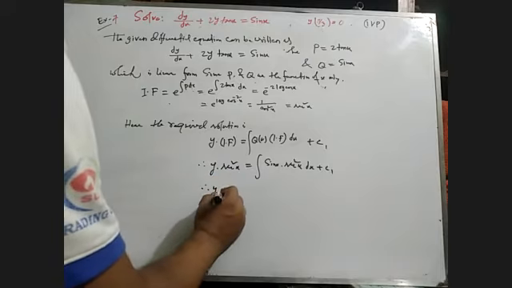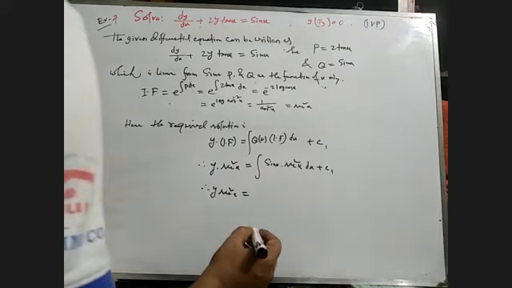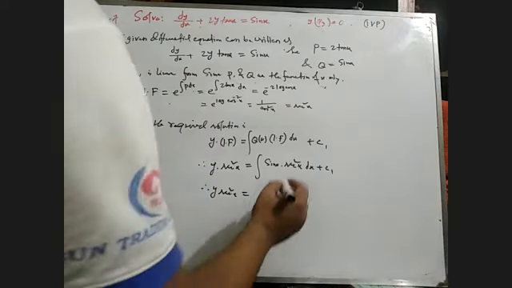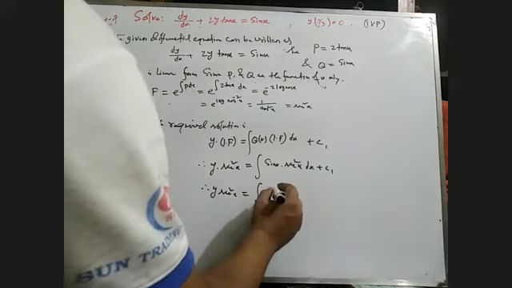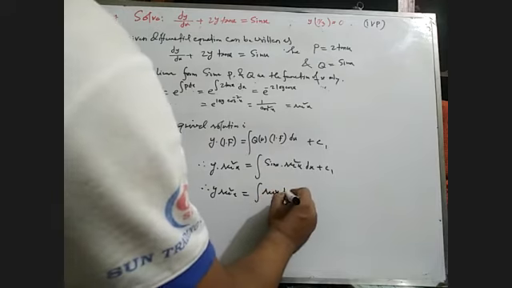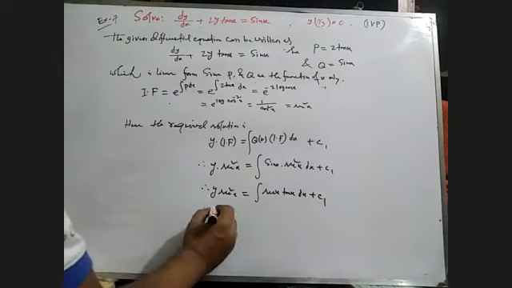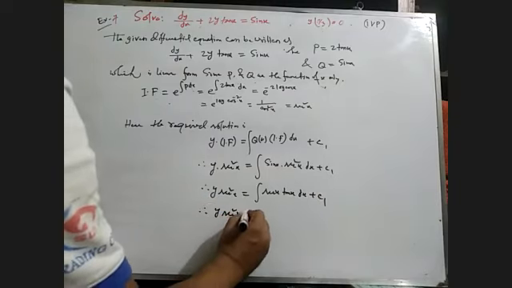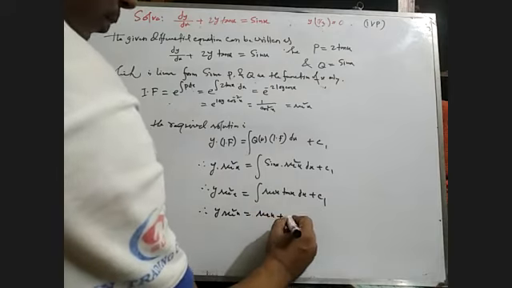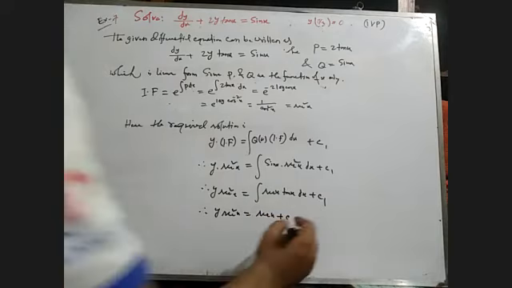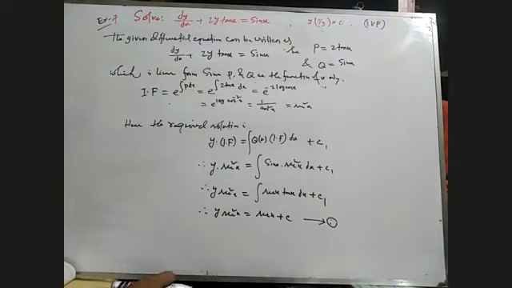This is actually sin x by cos x, which is tan x, and another 1 by cos x, which is sec x. So the integral of sec x tan x is sec x plus c. Therefore, y sec square x equals sec x plus c. This is equation number 1. This is the required general solution. Remember it, this is the general.